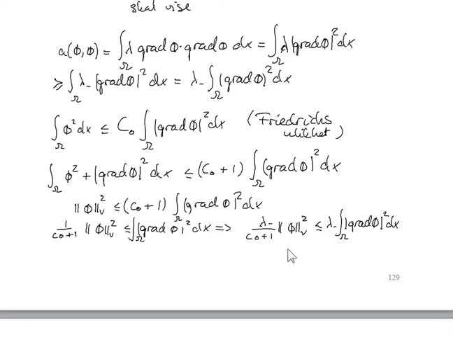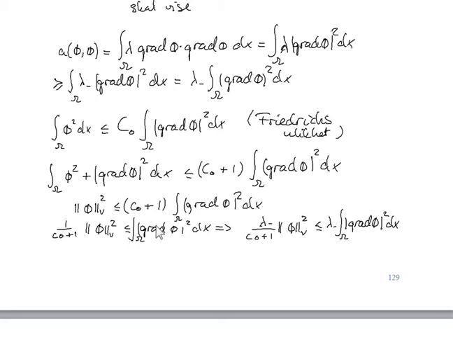And now I want to relate this to this integral multiplied with lambda minus, because we see here something which is very close to what we have down here. So now I divide with c0 plus 1 on both sides, just to get an estimate of the integral of grad phi square.